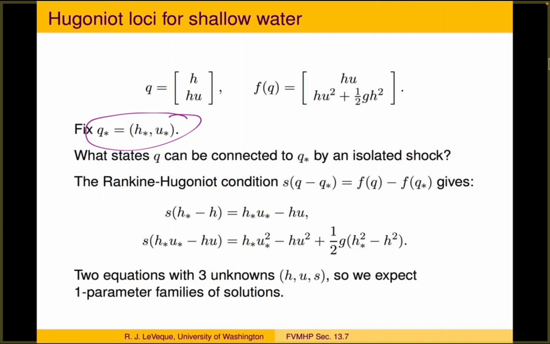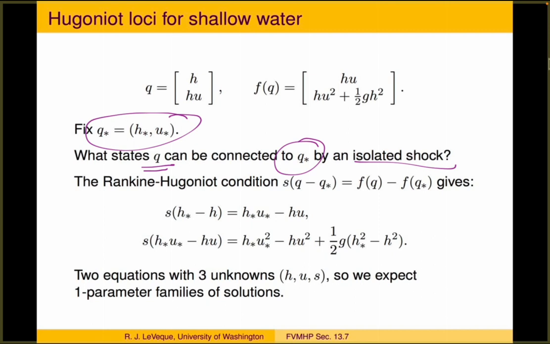And now we're asking what states Q, we want to find the equation for all possible states Q that we can connect to this fixed state Q star by a single discontinuity, by an isolated shock. Although we haven't yet said anything about entropy conditions, so when we impose the Rankine-Hugoniot condition, that's not necessarily giving us a valid entropy-satisfying shock wave.